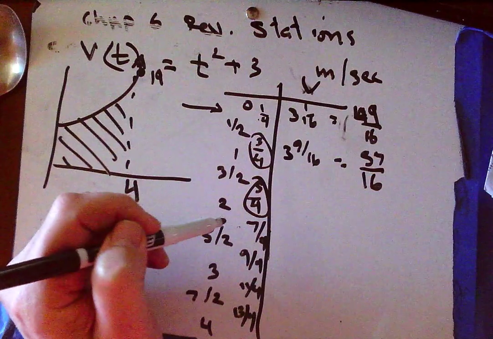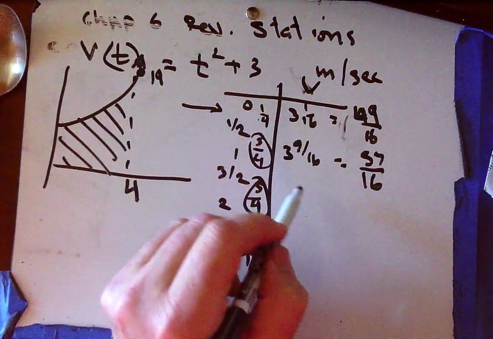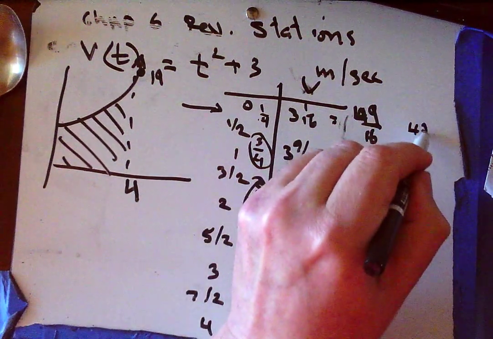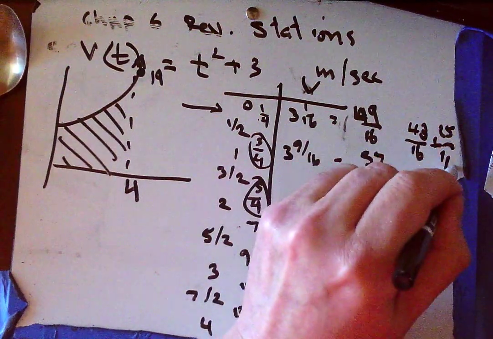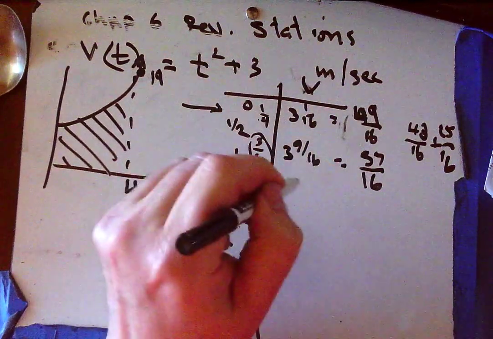And then I plug in 5/4, and that's going to be 25 over 16. And I guess I could just say that 3 is 48. So 48 over 16 plus 25 over 16 is going to be 73 over 16.